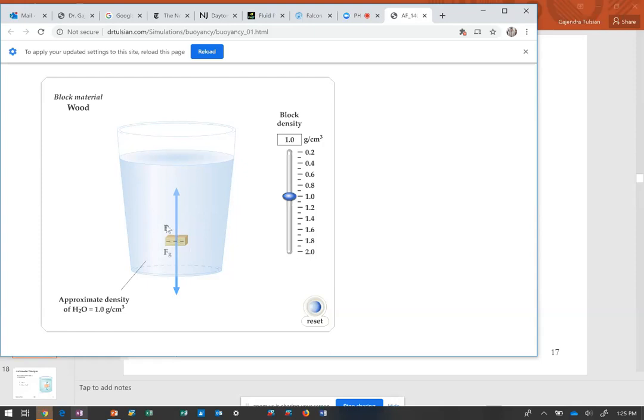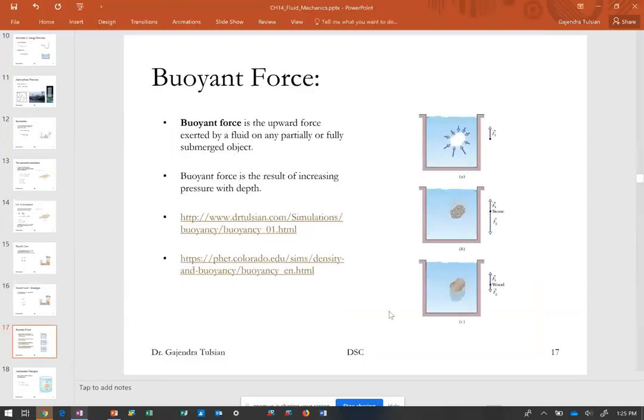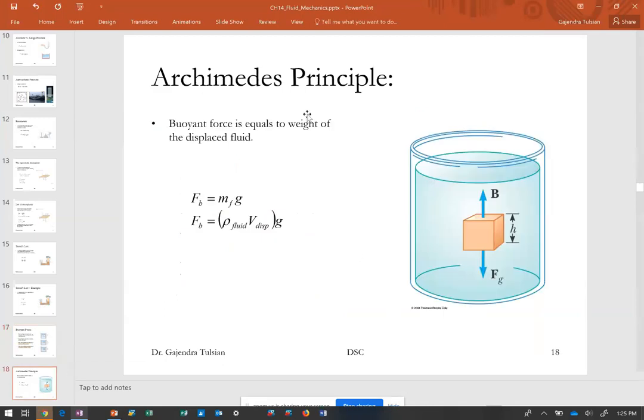All right, so this buoyant force arose because the pressure increased with depth. So Mr. Archimedes gave us a formula for exactly how large this buoyant force is. And Mr. Archimedes tells us that the buoyant force is equal to the weight of the displaced fluid.